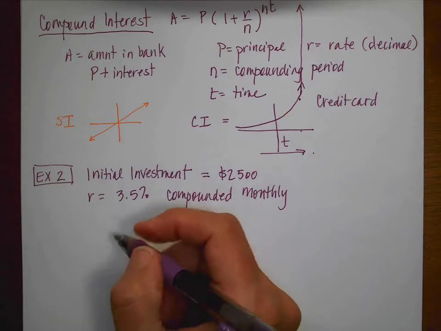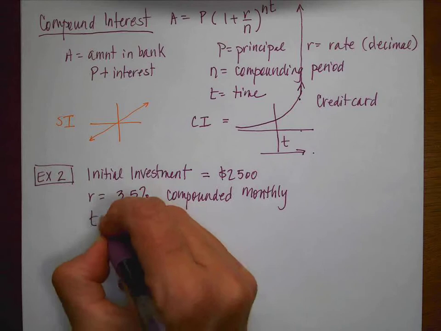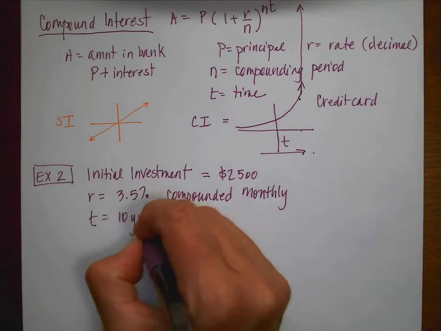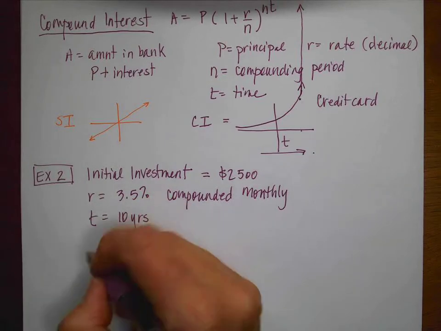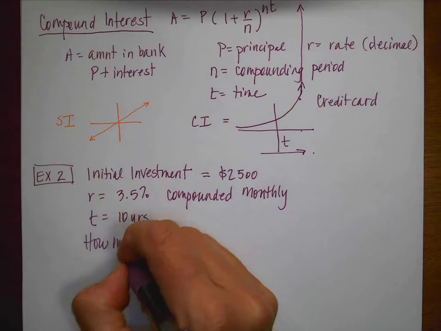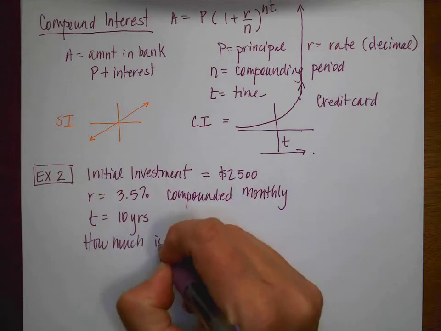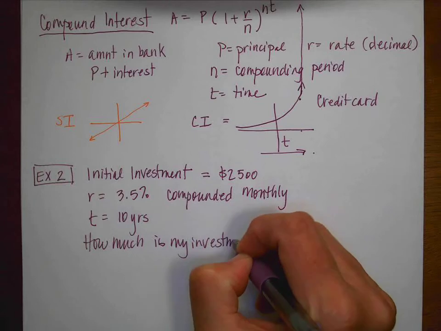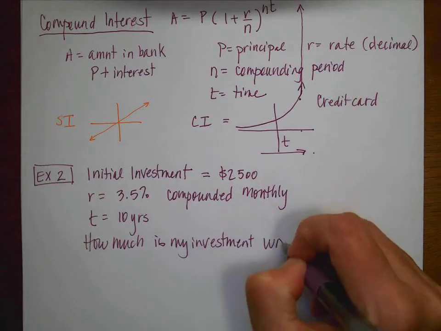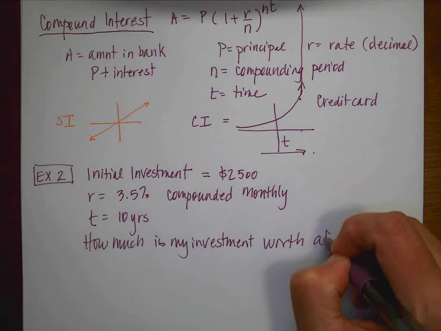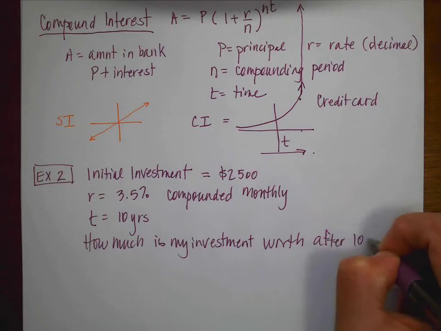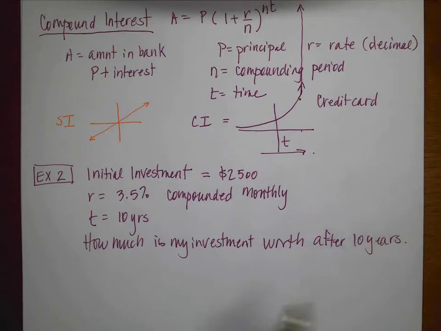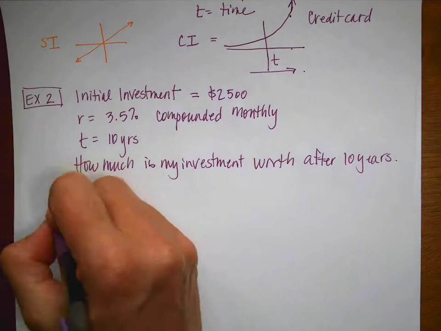And I get it in stereo because my computer and phone are linked. And then my time is going to equal 10 years. And so I want to know how much my investment is worth after 10 years.